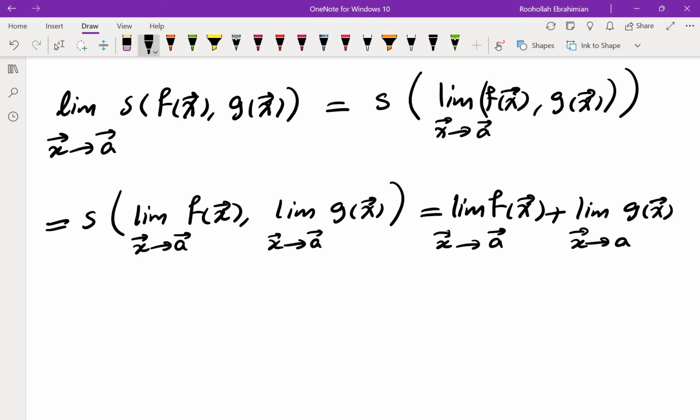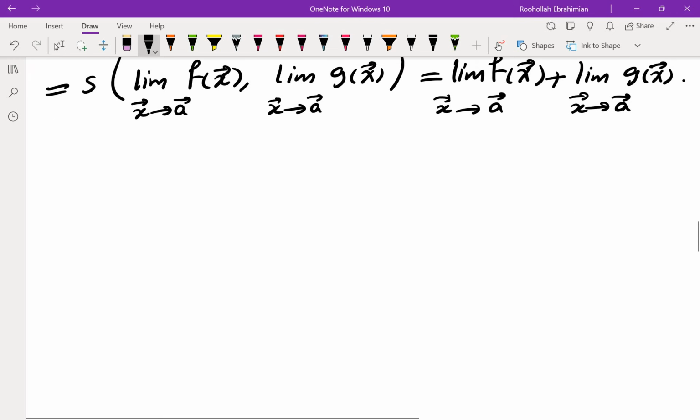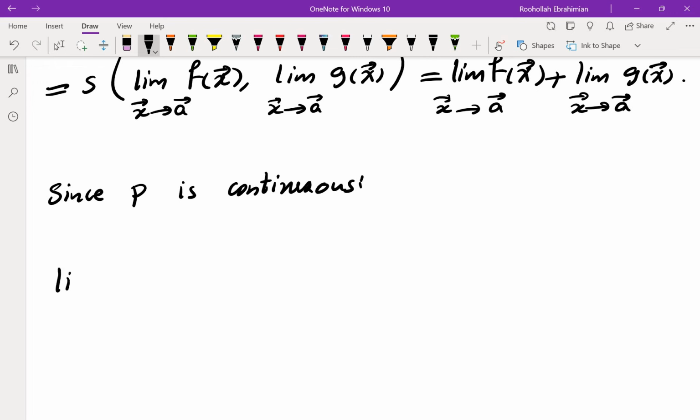Okay, so the second part would be very similar. P is also continuous. Since P is continuous, we can write down the limit of the product of f of x and g of x as x approaches a.